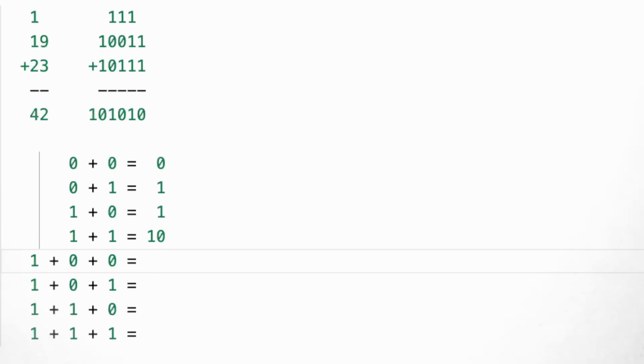So 1 plus 0 plus 0 is 1. 1 plus 0 plus 1 is 1, 0. 1 plus 1 plus 0 is again 1, 0, in other words 2. And finally 1 plus 1 plus 1 is 3, which in binary is 1, 1. And so from this we have all of the possible combinations.